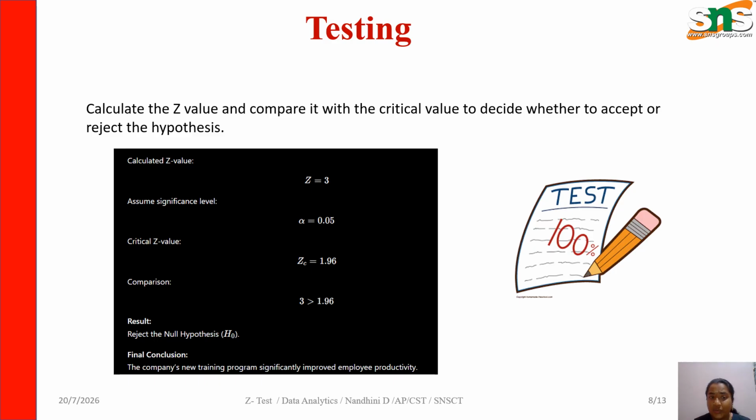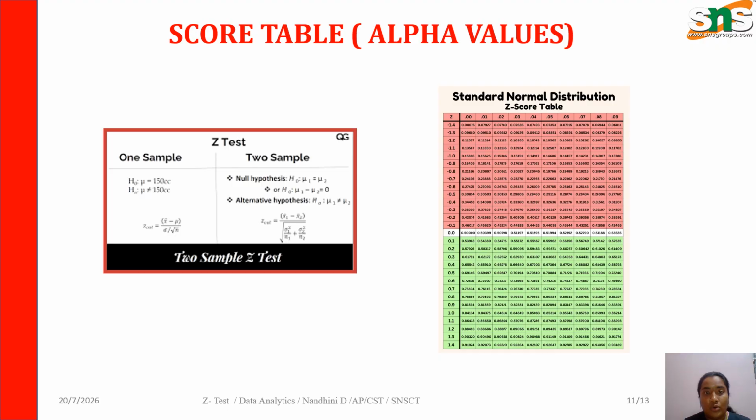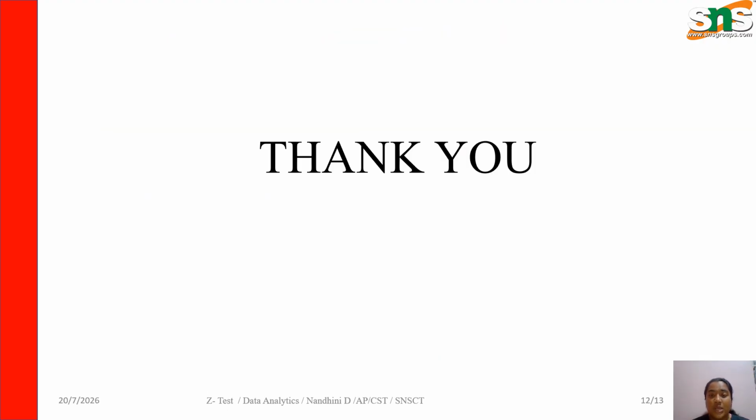Here z is equal to 3, significance level is 0.05, and the critical value at 0.05 we will get is 1.96. So comparing, 3 is greater than 1.96. So this rejects the null hypothesis, and we finally conclude the company's new training program significantly improves employee productivity. So this table we should see with the significance level, and thank you so much.